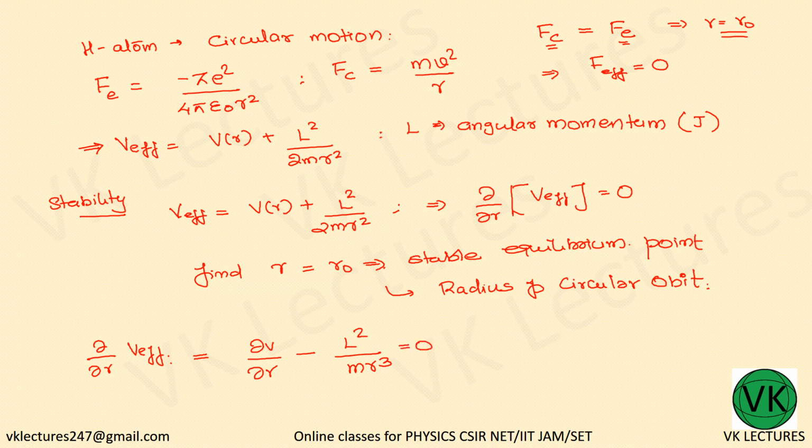Now when you put dou by dou r of V effective equal to 0, we get dou V by dou r minus L square by m r cube equal to 0, and from this equation we are going to find out the value of r such that F effective is 0. So at that point the value of r we write as r naught. So at r naught, F effective is 0. This is called the radius of stable point.